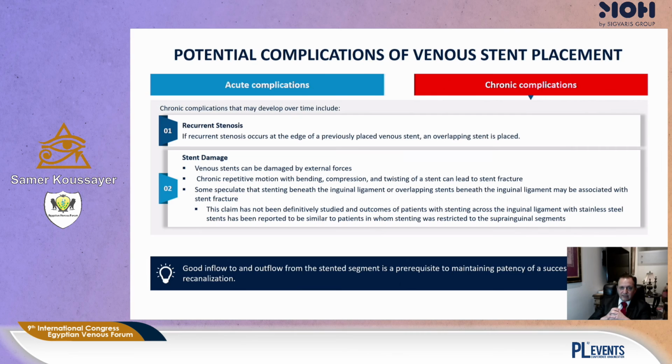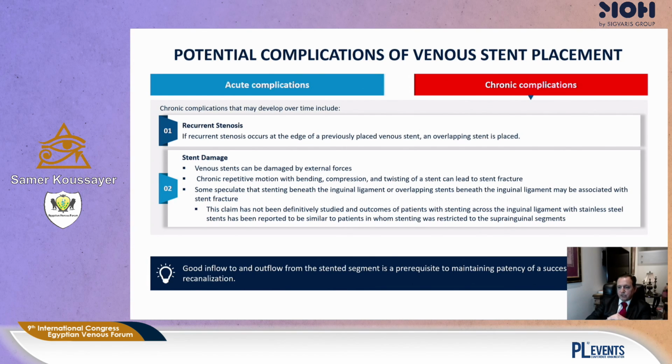Nobody proved that. You can cross the inguinal ligament with a stainless steel stent and report similar patency, the same as if you put it in a suprainguinal segment. So crossing the inguinal ligament with a venous stent is not a problem like in the arterial system, and it is safe, and nobody showed it increases your restenosis or occlusion rate.